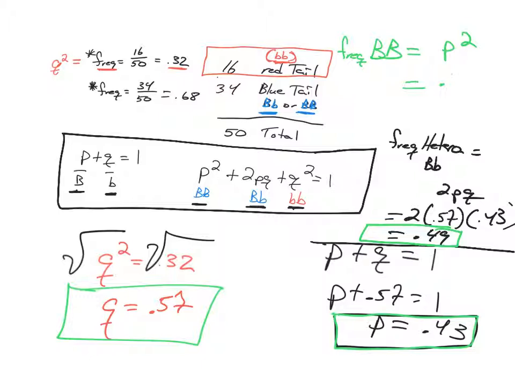P is 0.43, so you square that, what is it? 0.1849, or you can round it off to 0.19? 0.18? All right, let's do 0.18.